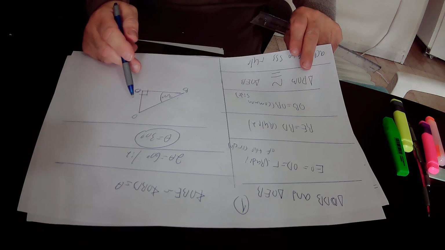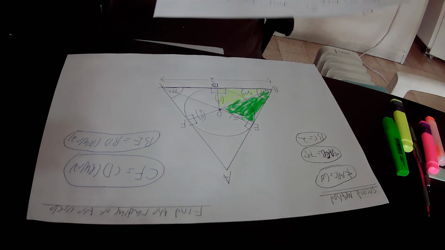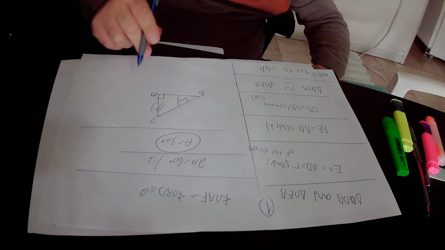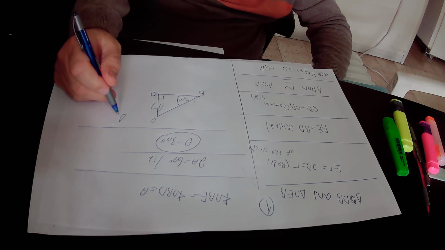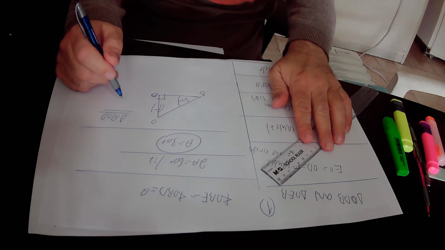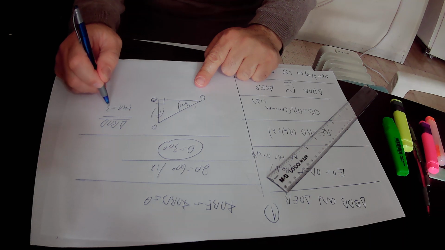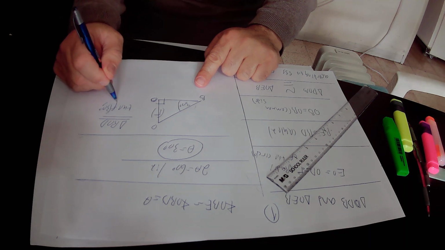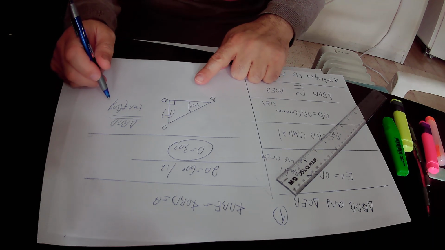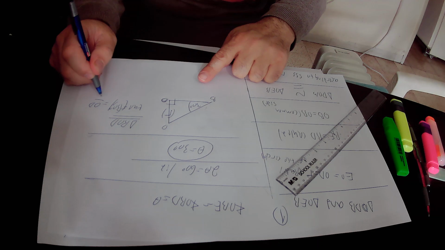And here side OD is the radius of this circle that equals R. OD equals R. So in the right triangle BOD, it is very easy to see the tangent of 30 degrees equals OD over BD.